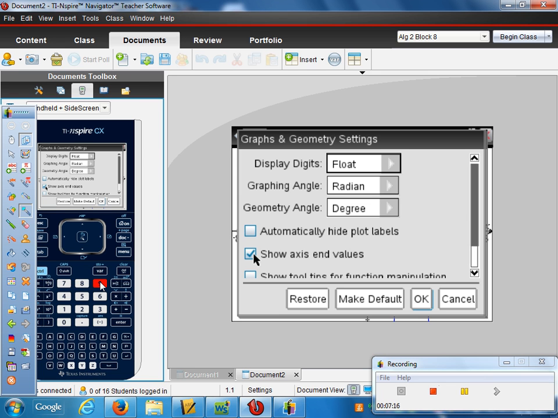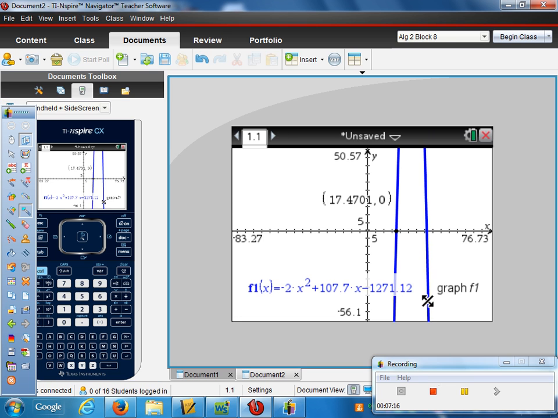Under Display Default Digits, you have to hit the arrow, and you'll get a choice for just plain old float. Did you find it? Okay. And then it should now forever give you more decimal places in your answer.